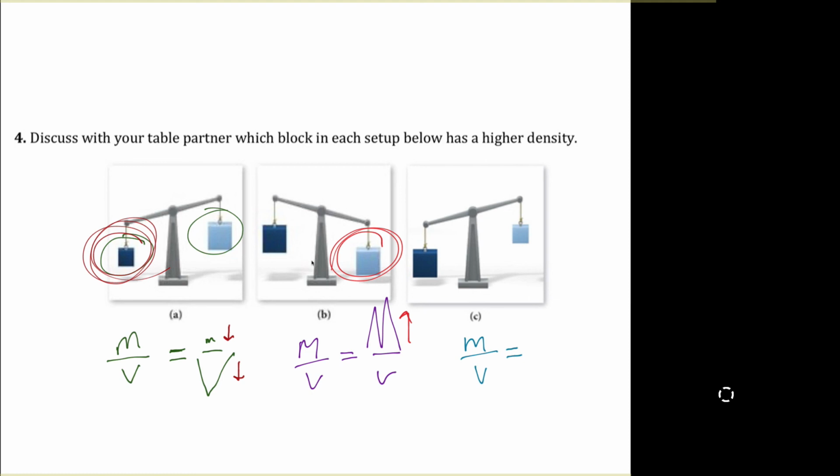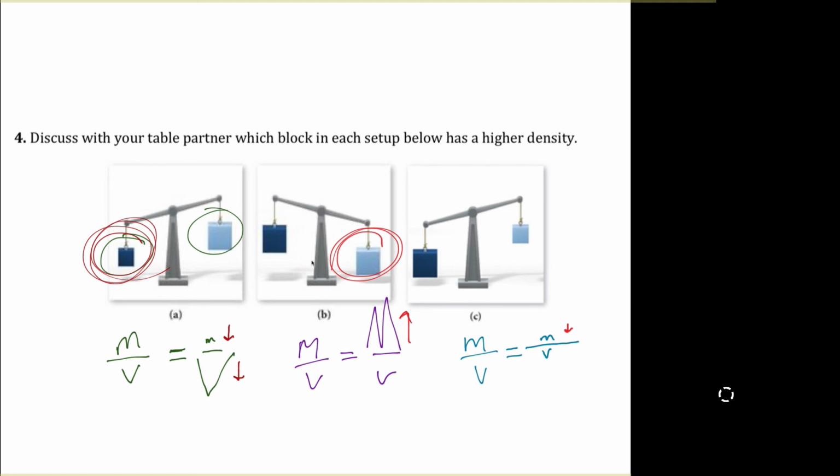Now, let's go ahead and talk about how does the cube on the right compare to the cube on the left. Well, the mass of it is smaller, so we have a smaller mass, but we also have a smaller volume. When you have a smaller mass, in other words, when you have a smaller numerator, it makes the number go down.